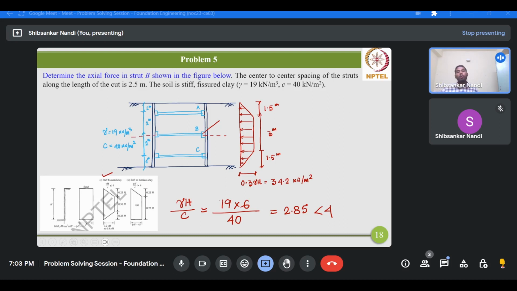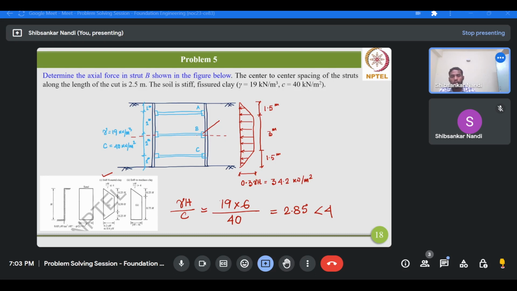So if we consider one half of this distribution, either the lower or upper half, and add the reaction at the level of B, then we will get the total axial force in strut B. So this would be the philosophy.